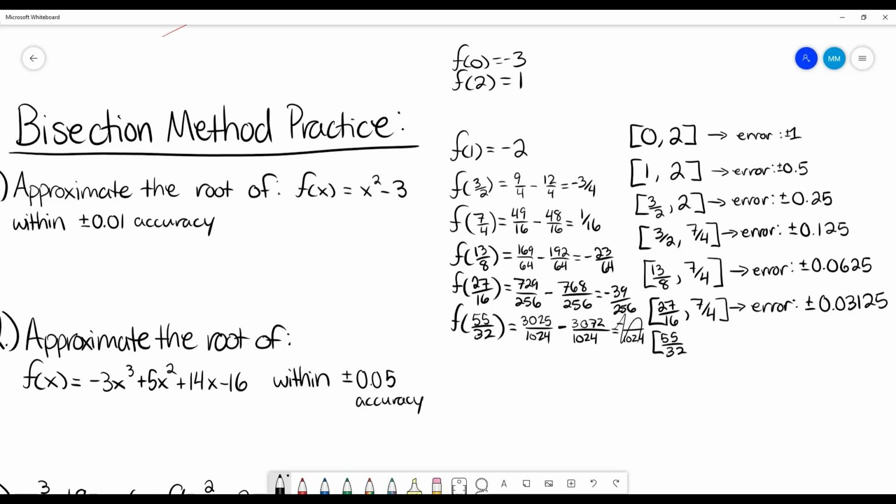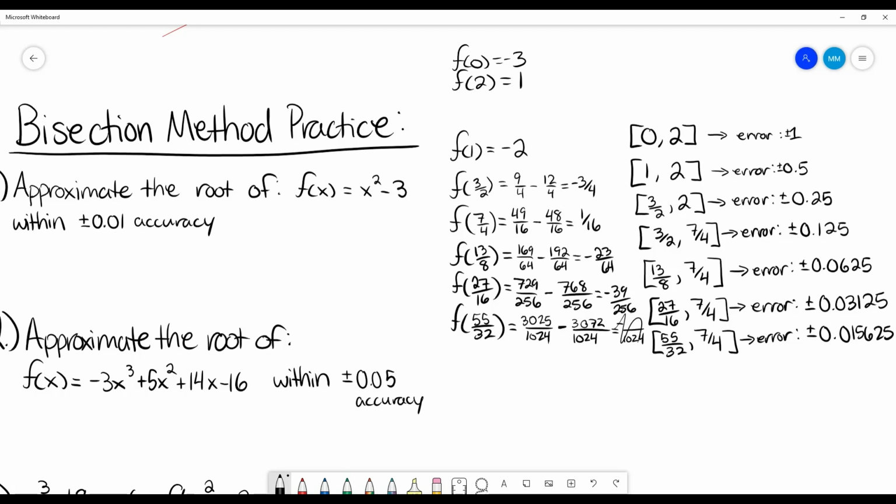And now our error is, I believe, this. And for the sake of time, actually, I'm going to call that it. I do have the answer written down.